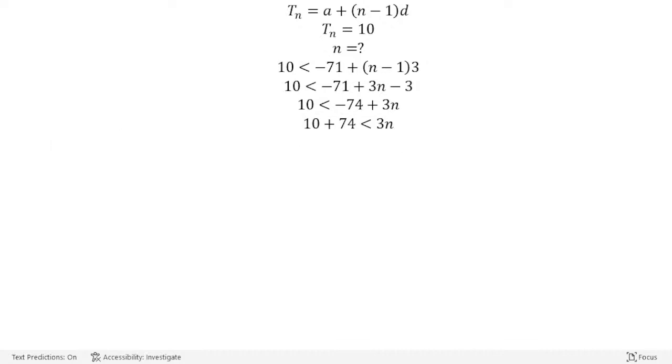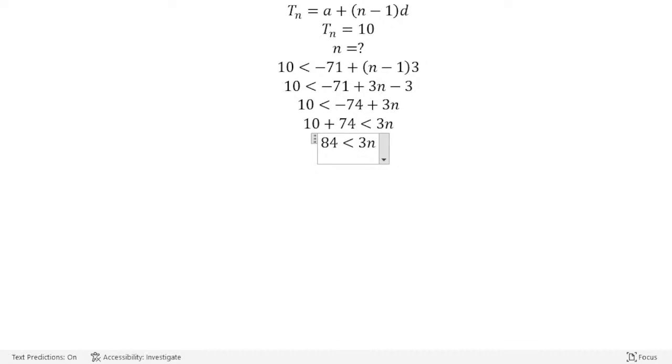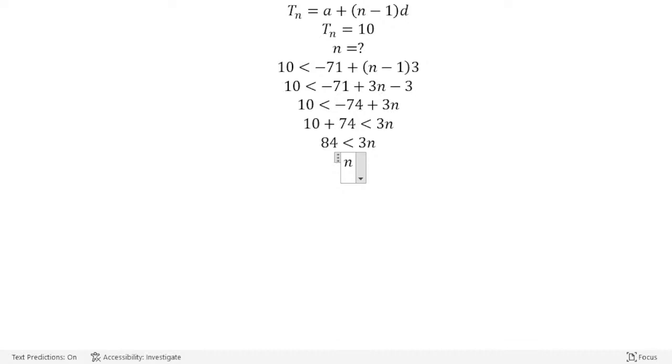So now we have 84 is less than 3n. Find the value of n. Therefore n is greater than 28.